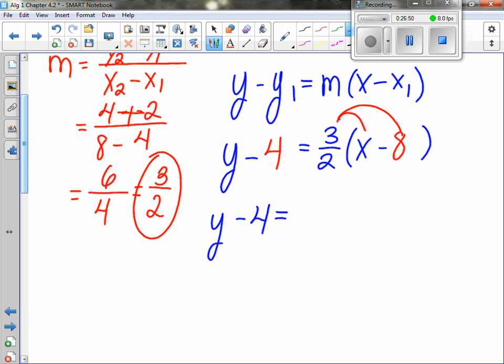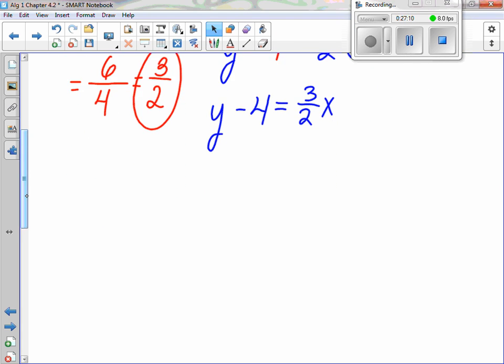Now, 3/2 times x, well, that would be 3/2 x. Because when we multiply by the x term, it's just going to be whatever the slope is times x. Now, 3/2 times 8. What would that be? When we multiply that, we're going to do 8 times 3.